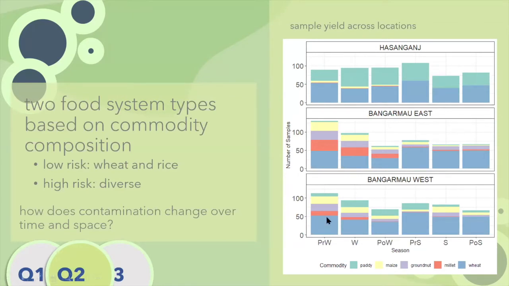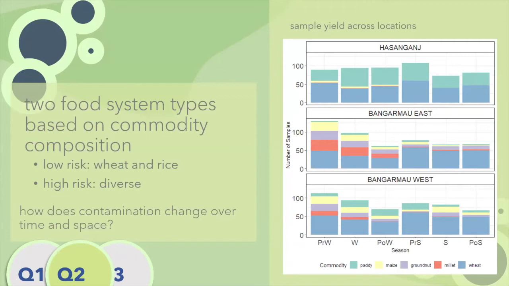And so in this figure here, we can see the sample yield across 6 seasons. So throughout this presentation, I'll be representing the calendar year in these 6 seasons corresponding to pre-winter, winter, post-winter, pre-summer, summer, and post-summer. And so we can see that across seasons and across districts, there's quite a lot of distinction in the food system composition.